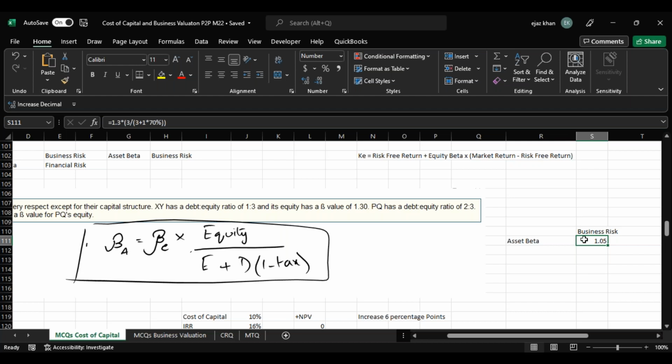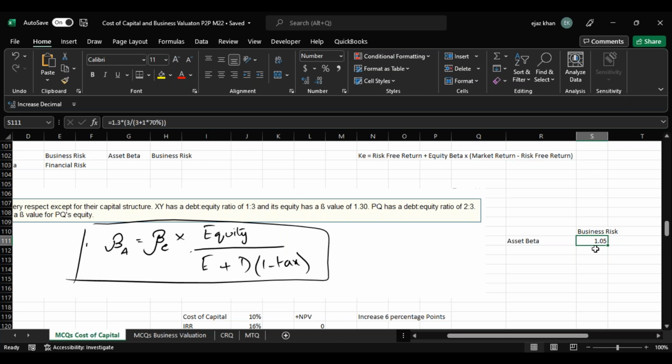Now any company similar to XY company operating in the same business will have the same level of business risk as shown by asset beta.